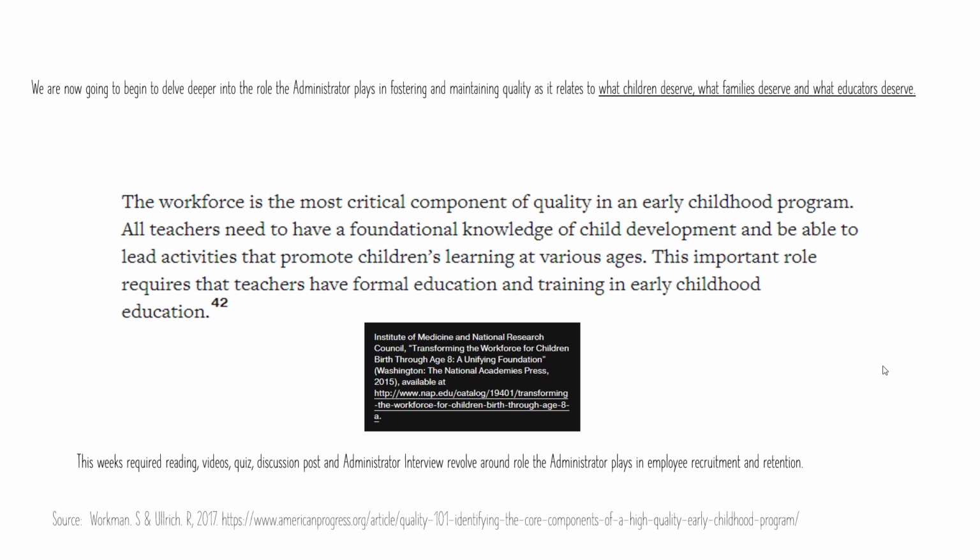You can have the best HR policies in the world, but if you do not have an effective workforce, then your program will fall short. So we know that there are various factors which contribute to an effective workforce.